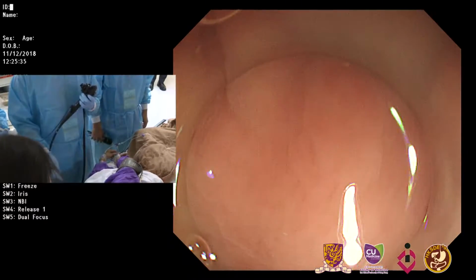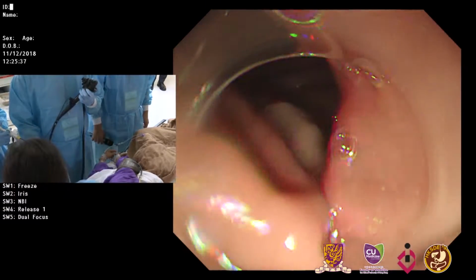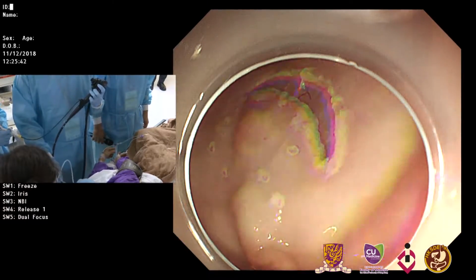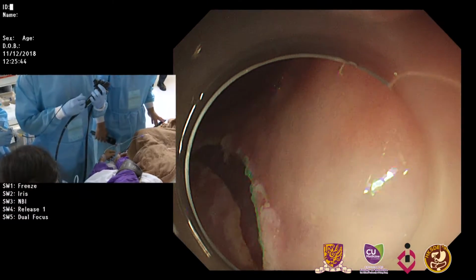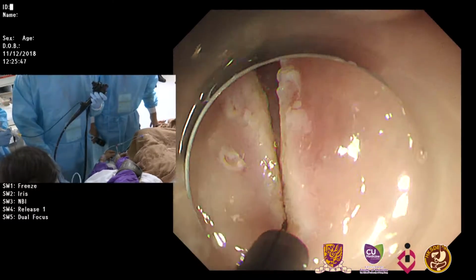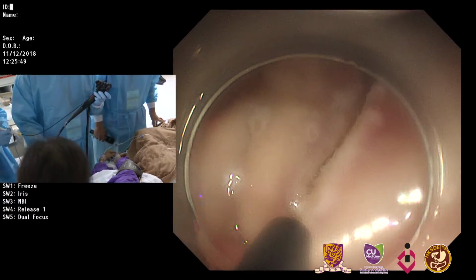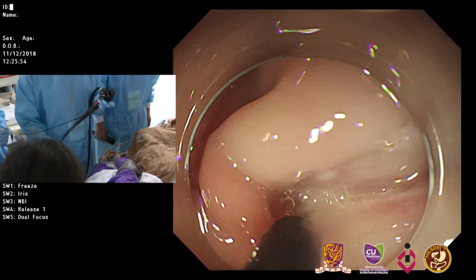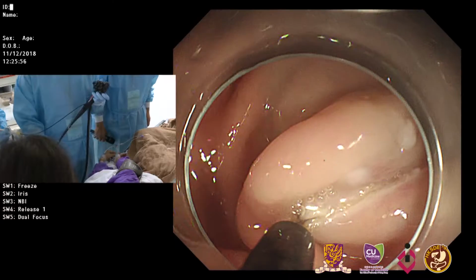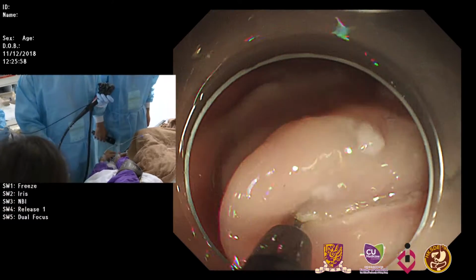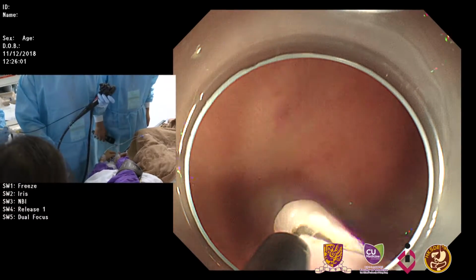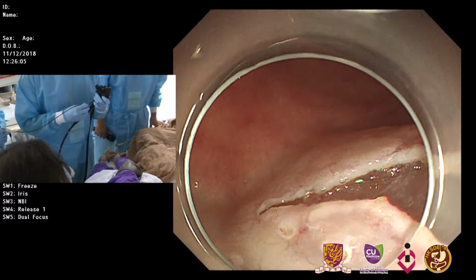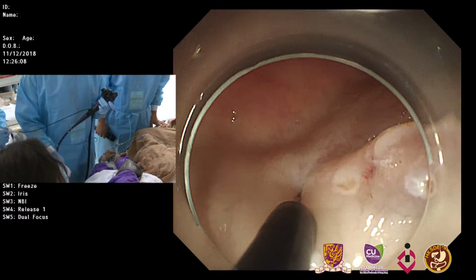The patient is coughing a bit, so I will check the margin. This is the marking that we put intentionally in order to get more orientation, so I'll include this into my final specimen. Okay. And then I think we can complete the mucosal incision on this side now.